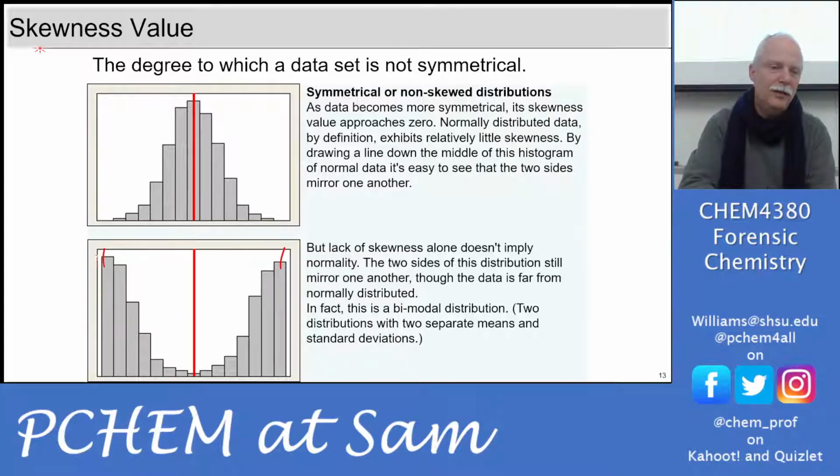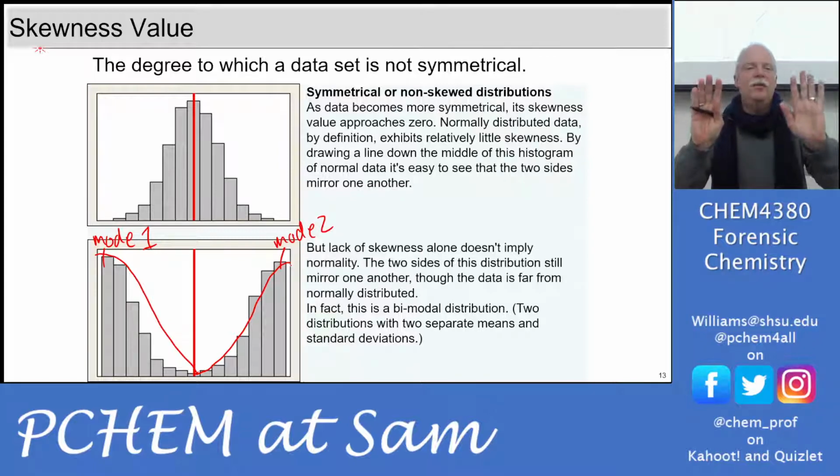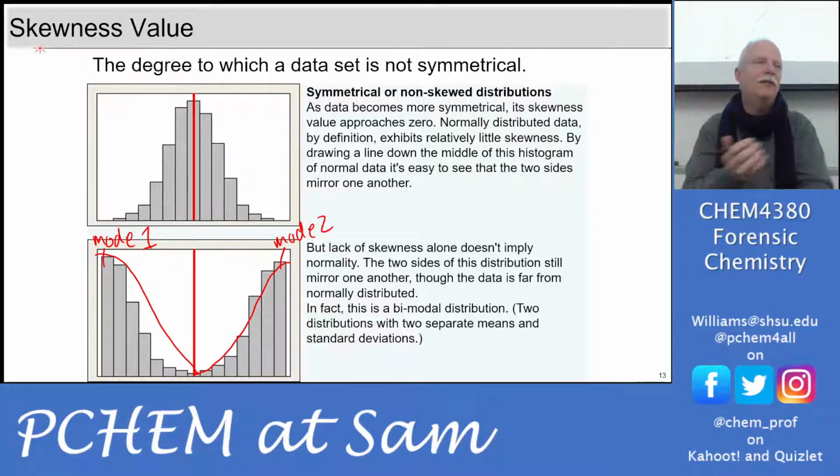You've got a group here that's sort of pegged at your lower limit, and you've got a group here that's pegged at the higher limit. And so this is multimodal, mode 1 and mode 2. But because those are fairly equal and it's symmetric on both sides, it would have a zero skew value.